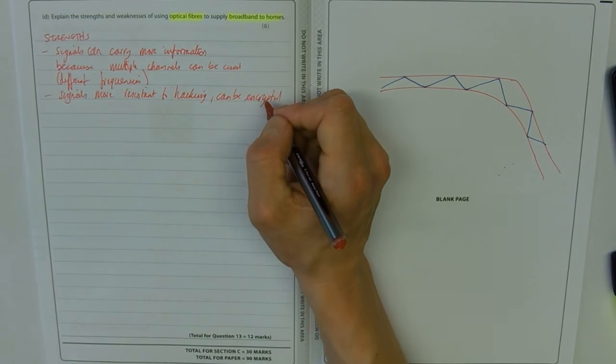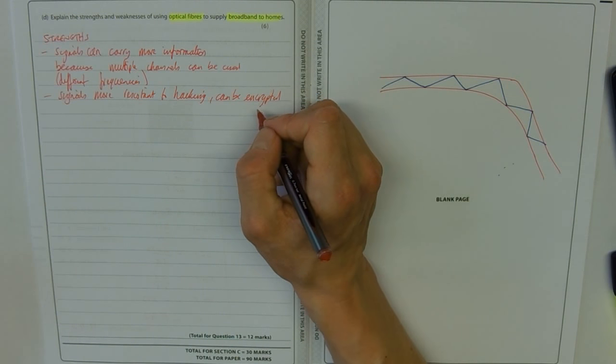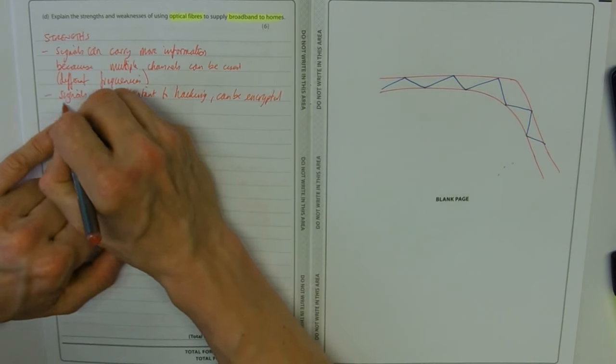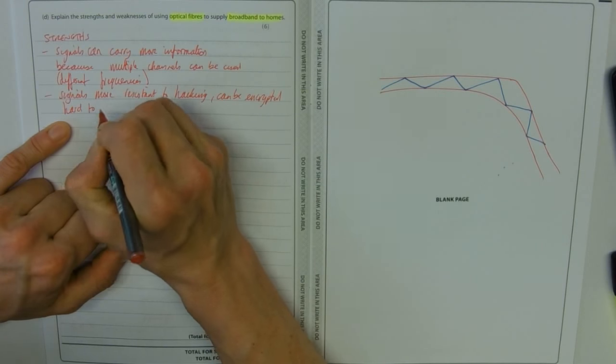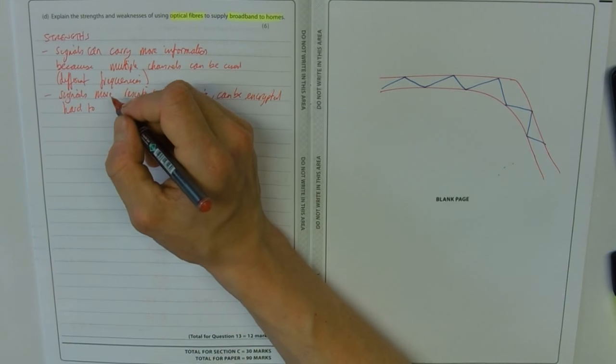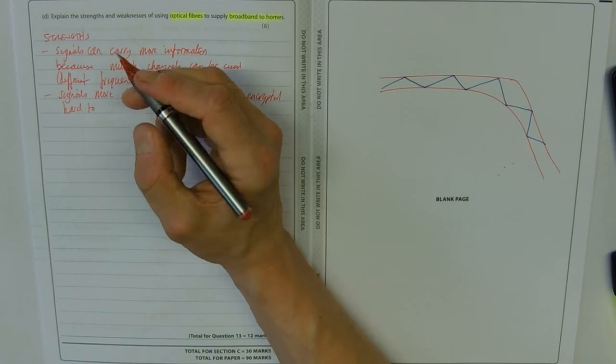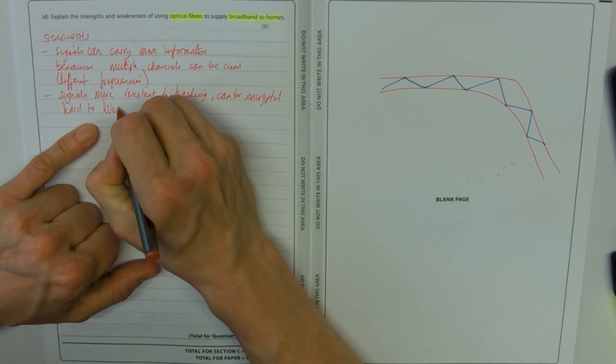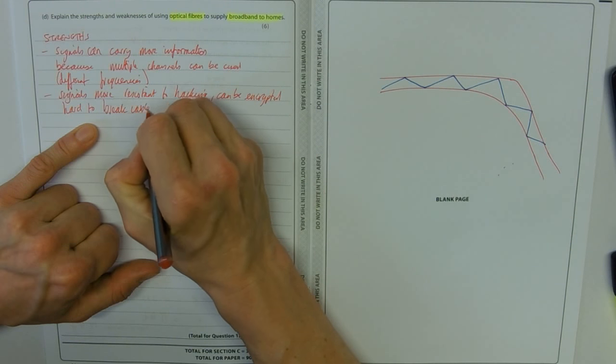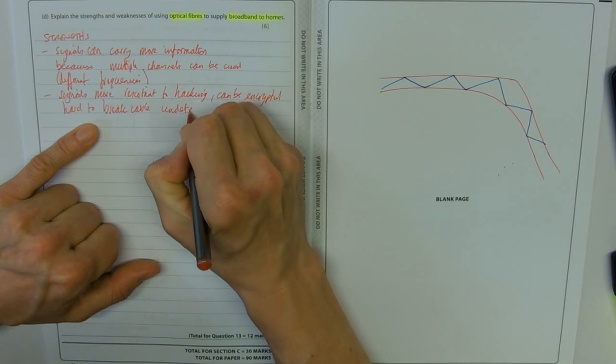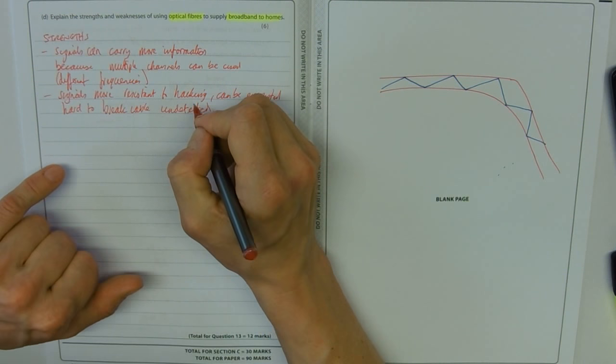It's very hard to break the cable without being detected, because the person at the receiving end would know that there's some sort of problem. Hard to break the cable undetected.